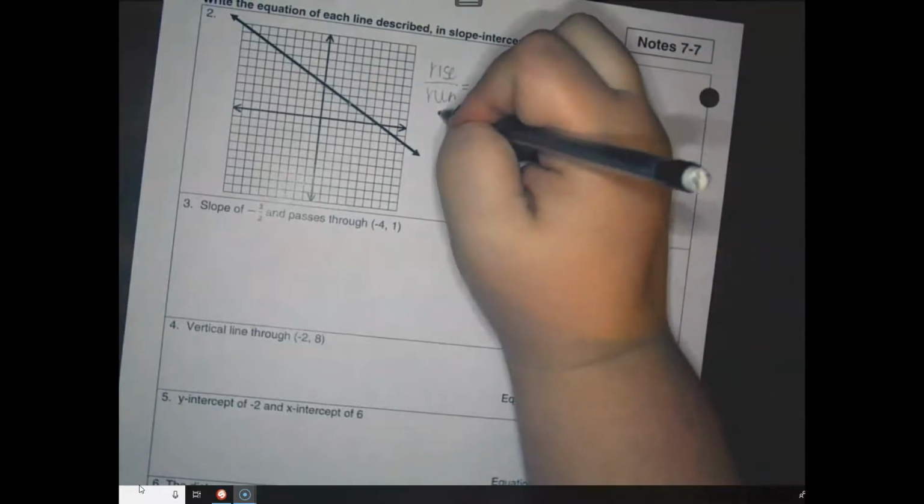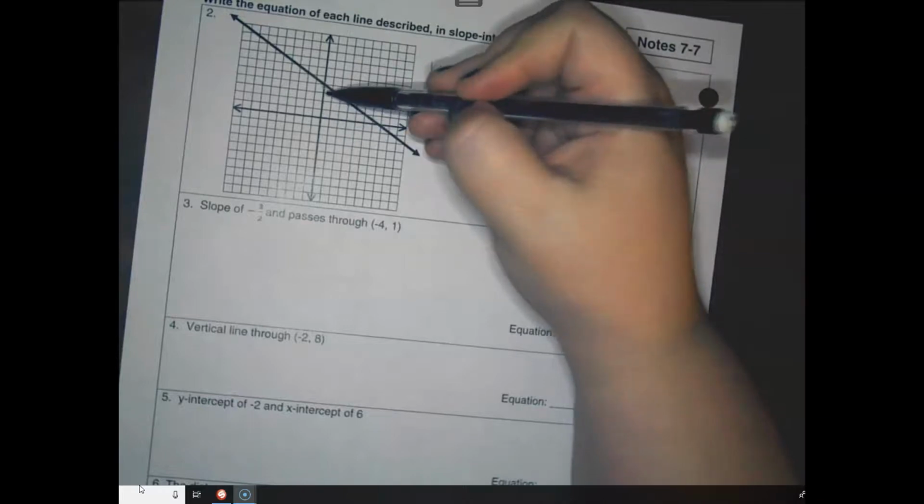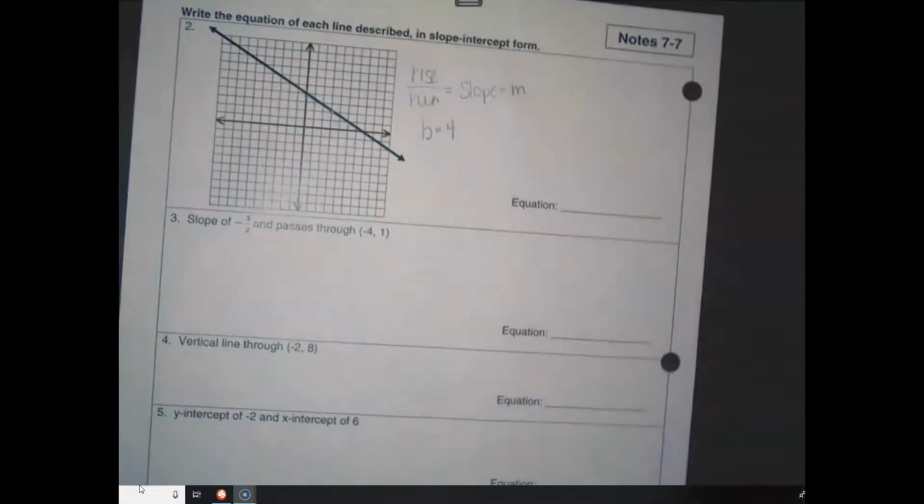But let's just remember that our slope is rise over run. And that's going to be our m. And let's just remember that our y-intercept, which we can look at here, assuming that that's going right through, it's going to be 4. I'm sorry, it looks like it's going through. Yeah, no matter what, that's not the prettiest line for us. So we're just going to leave it at that.